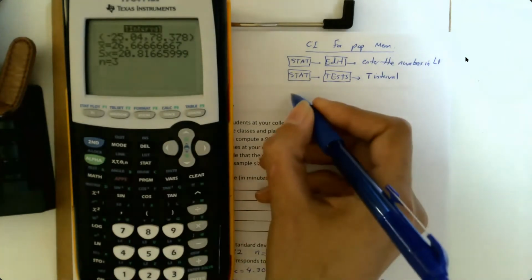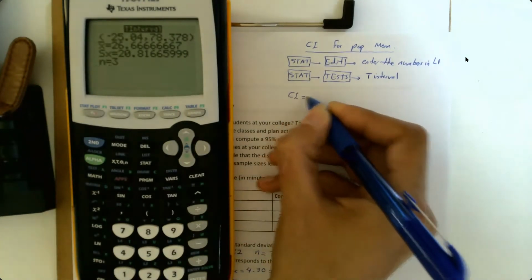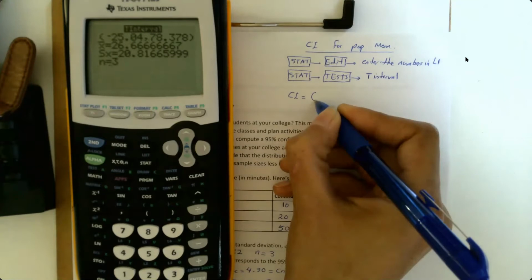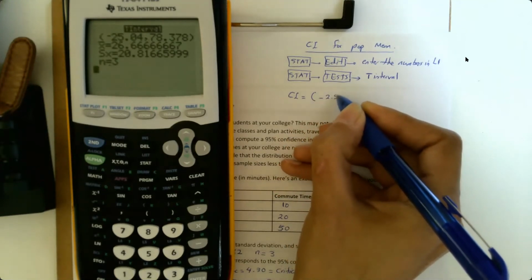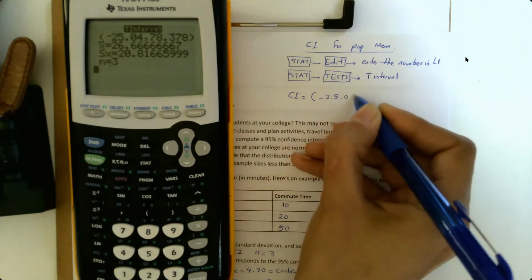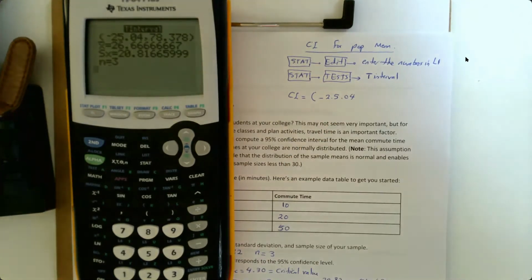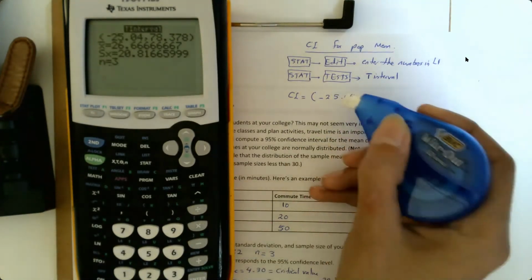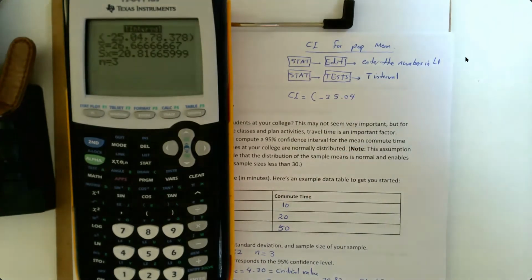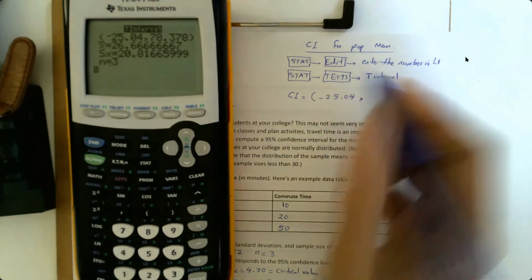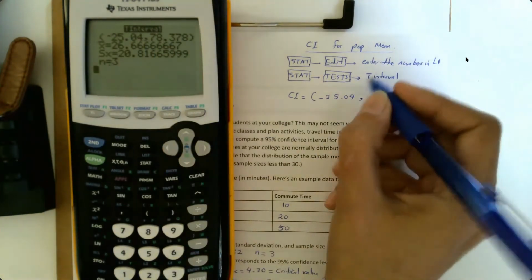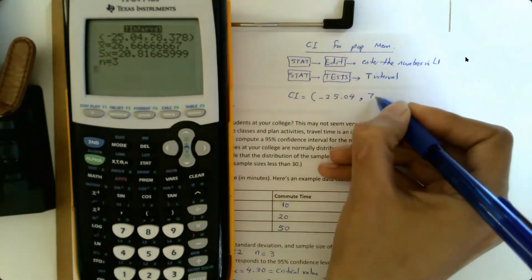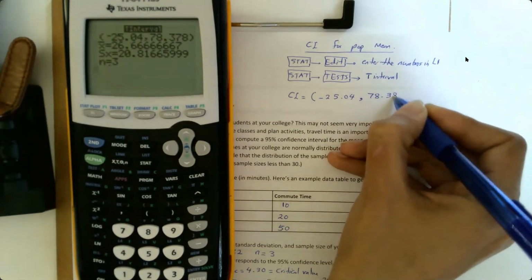As you can see, the confidence interval is approximately minus 25.04, comma, 78.38.